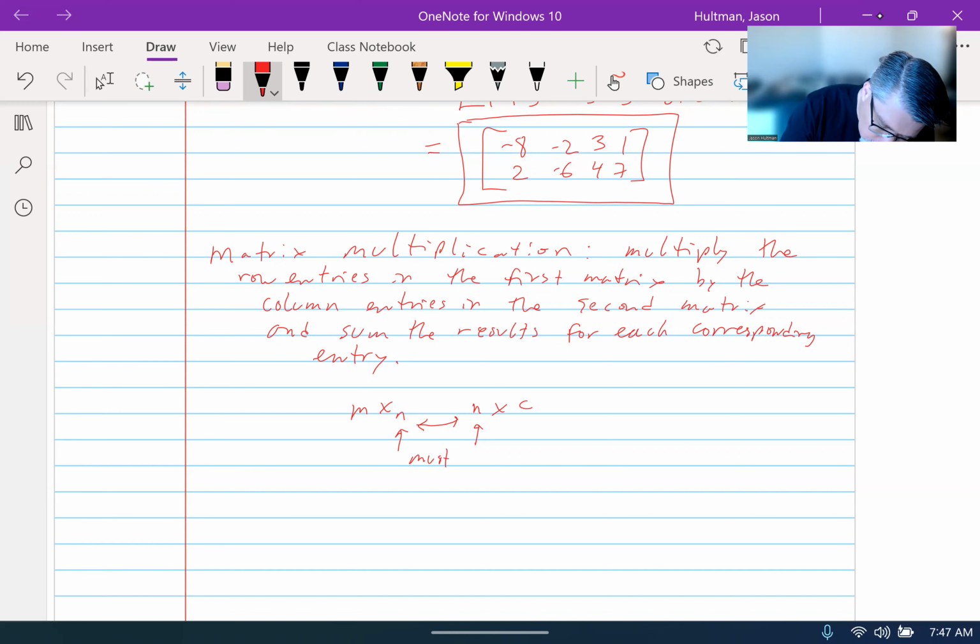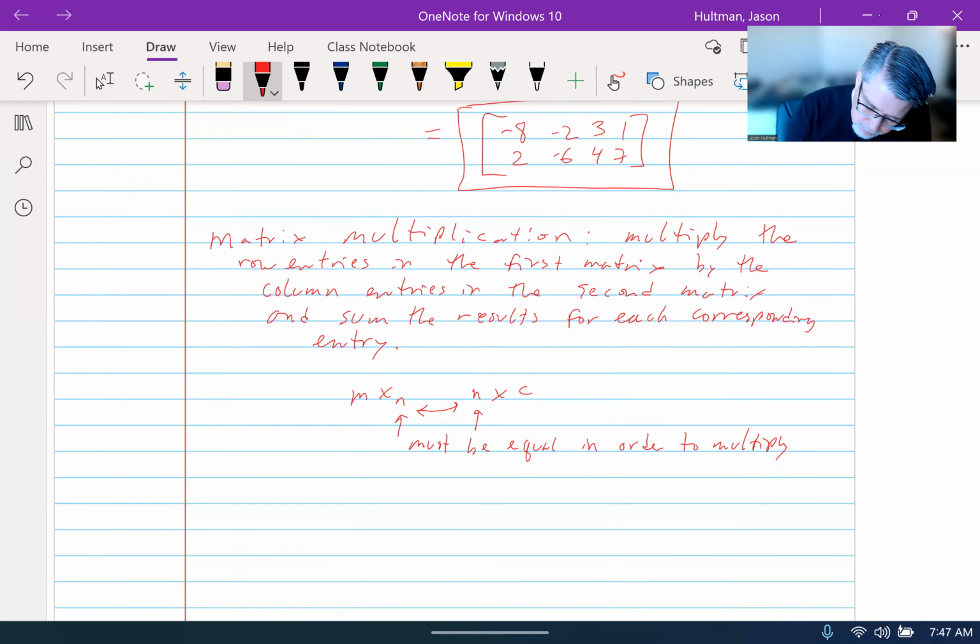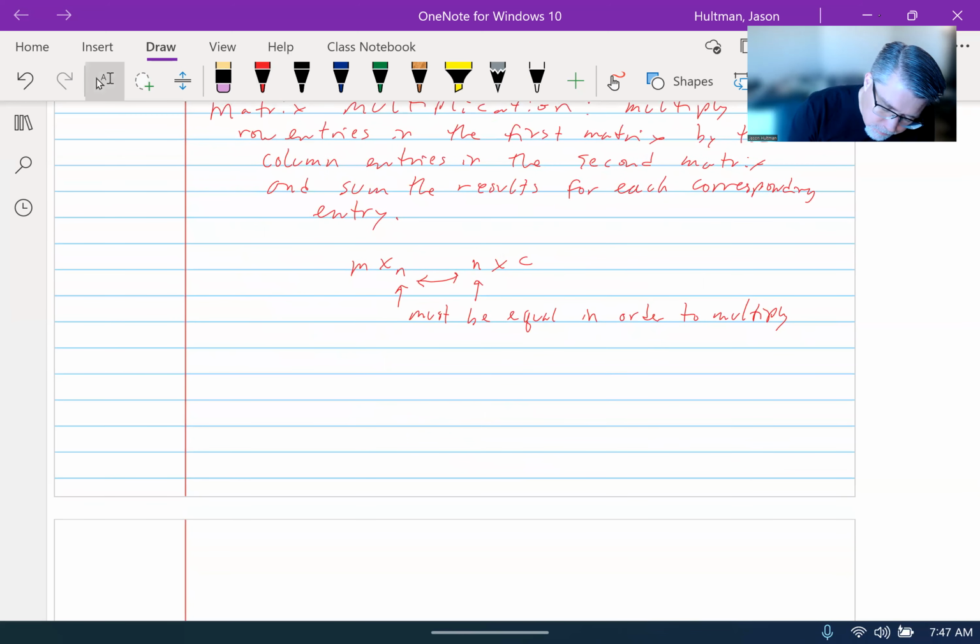These must be equal in order to multiply. Otherwise you cannot multiply. So we need to make sure the dimensions are correct.